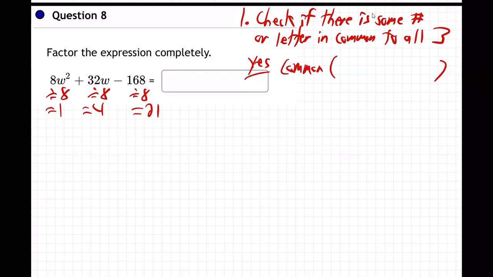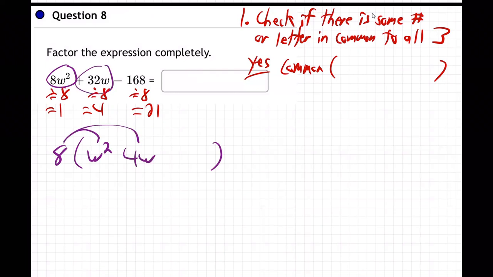What goes on the inside? Whatever works. 8 times W squared goes back to 8W squared. 8 times 4W goes back to 32W. And 8 times this 21, well, this should be plus, and this should be minus 21.